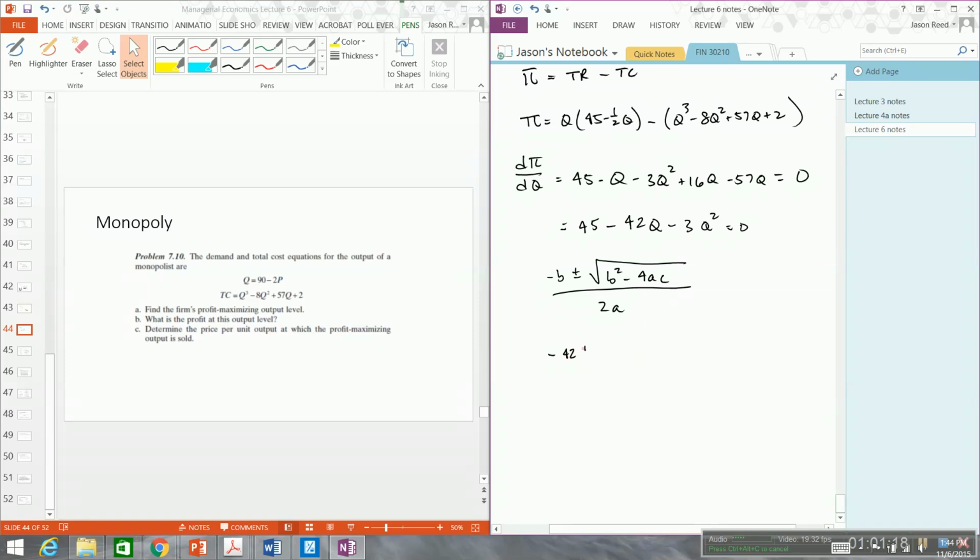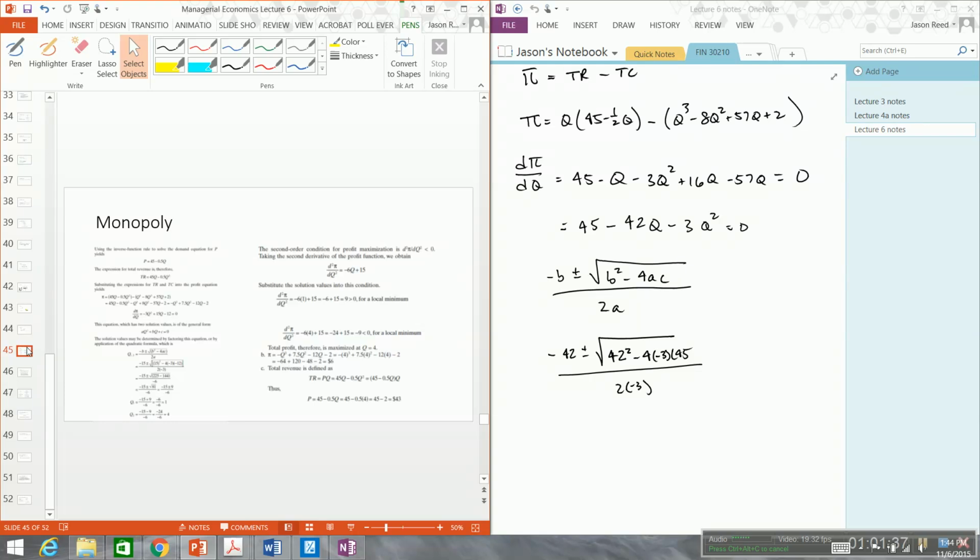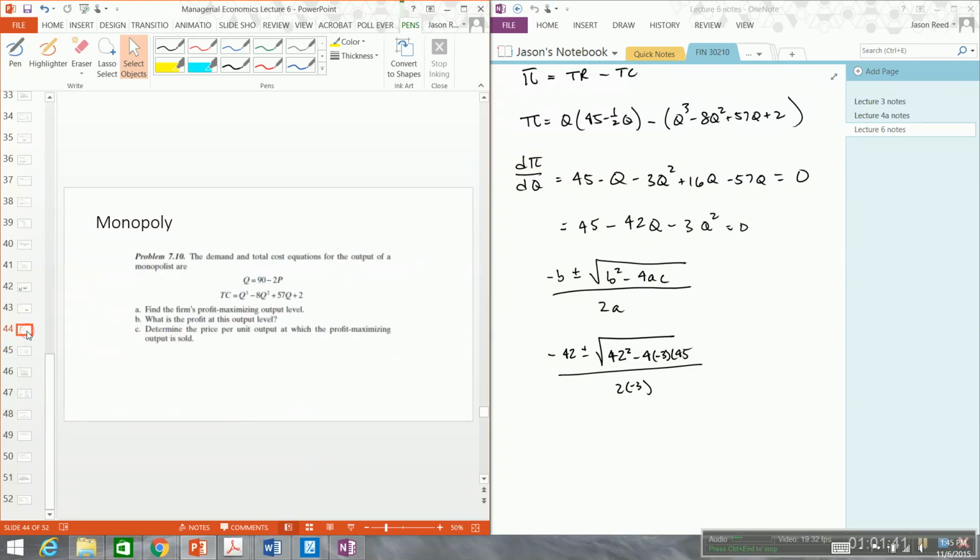Minus 42 plus or minus square root of 42 squared minus 4 times negative 3 times 45 all over 2 times negative 3. And when we solve for that, I'm just going to sneak a peek at the solutions here. We get Q is equal to 1 and 4.